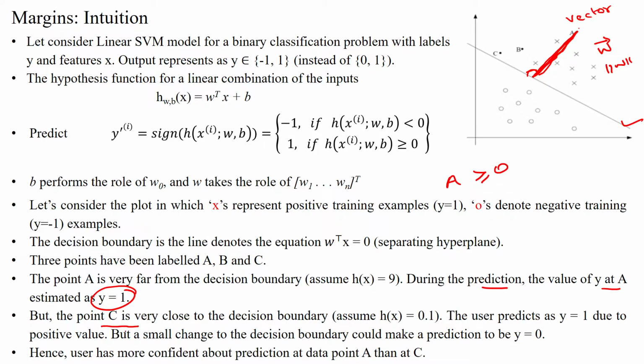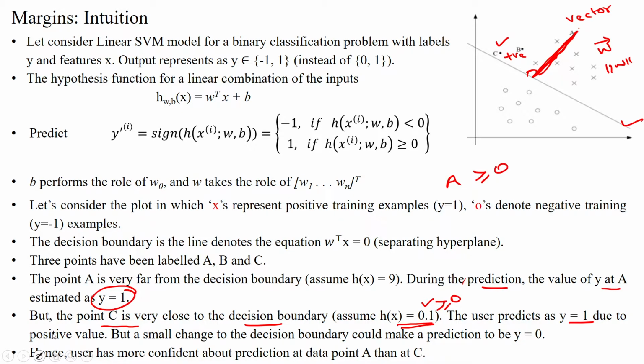Then when you look at data point C, which is very close to the decision boundary, assume its predicted value, hypothesis of x, is 0.1. 0.1 is also greater than or equal to 0, so it is predicted as a positive class, that means 1.